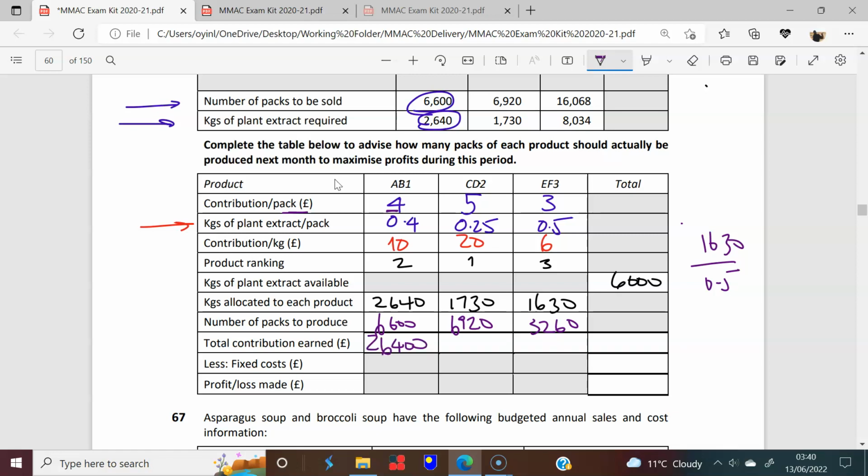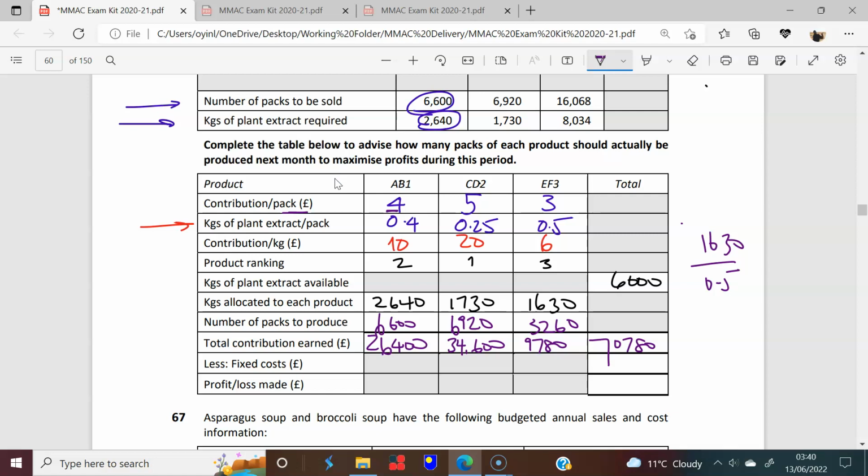Then you have your 6,920 times 5, which is 34,600. And finally you have the 3,260 times 3, which is 9,780. So let's find the total contribution: 34,600 plus 26,400 plus 9,780. You have a total contribution of 70,780.